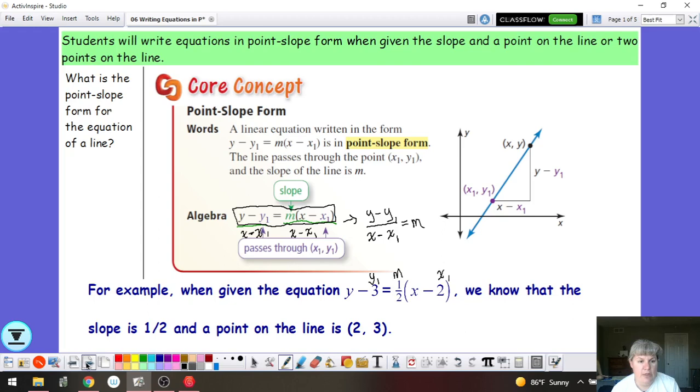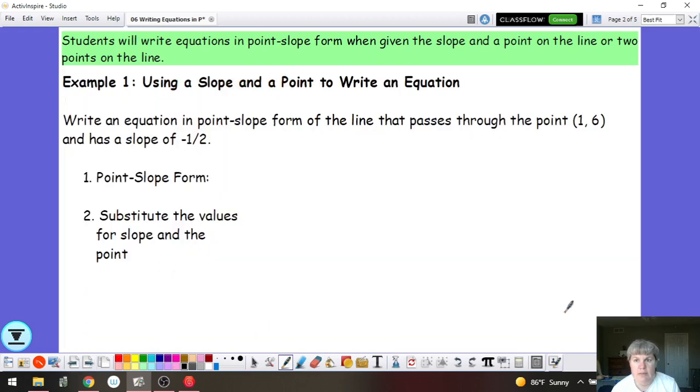So if we take a look at how we can use this, in this example we have: write an equation in point-slope form of the line that passes through the point 1, 6. So 1 is my x1, 6 is my y1, and has a slope, so that's m, of negative 1/2. If we remind ourselves, point-slope form is y minus y1 equals m times x minus x1.